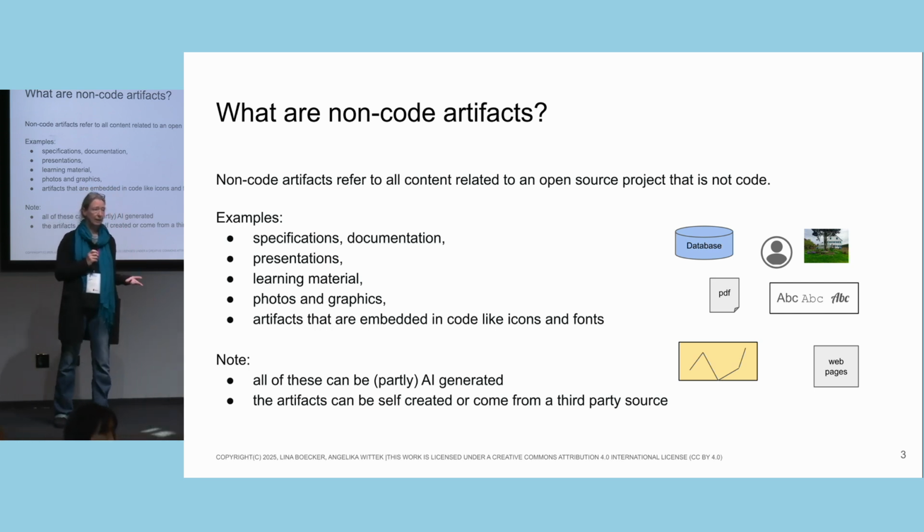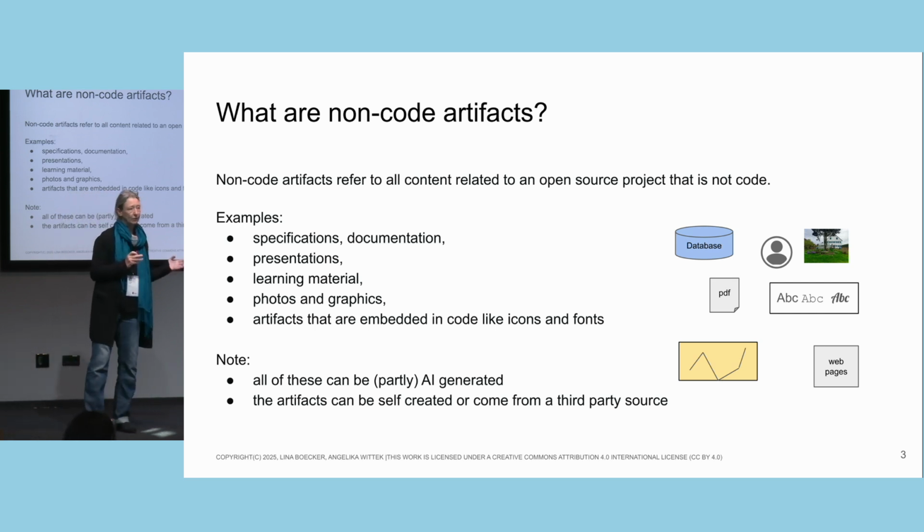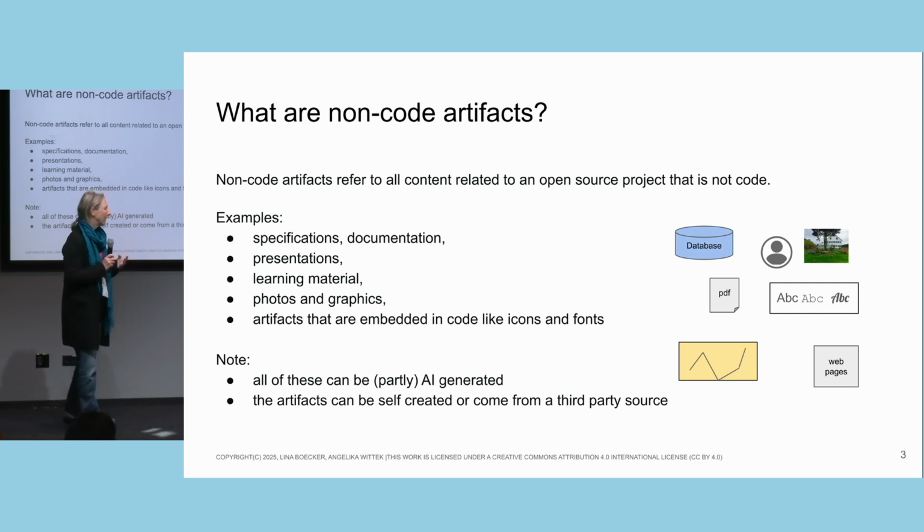So you have documentations, you have specifications, you have images, graphics, you have fonts, and these are embedded in a variety of things, like PDFs as documentation, web pages, graphical user interfaces. So we want to create some kind of awareness that these things also have legal requirements, and that you should be sure about what you're doing with these things.